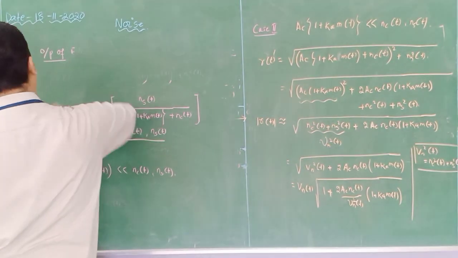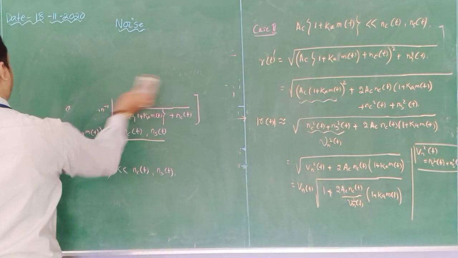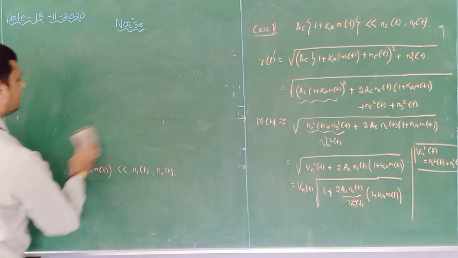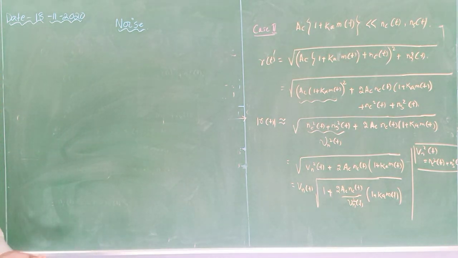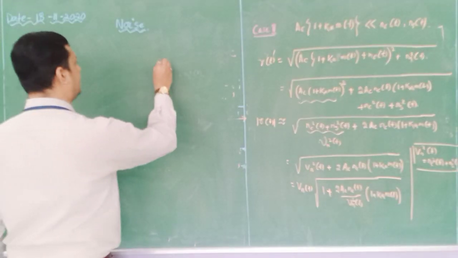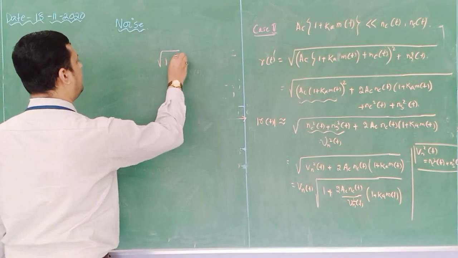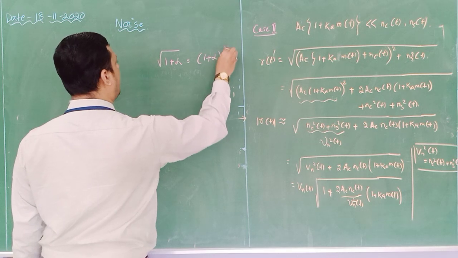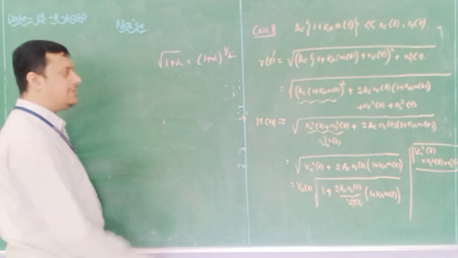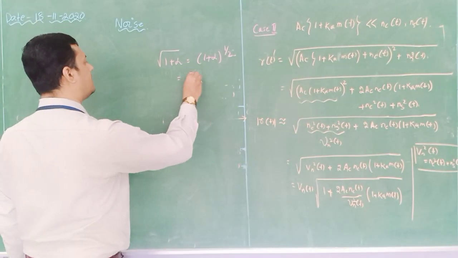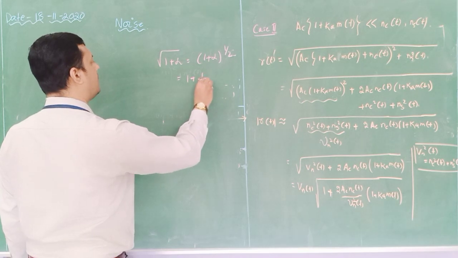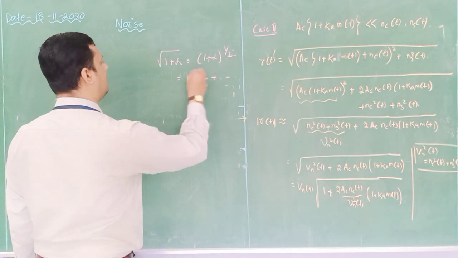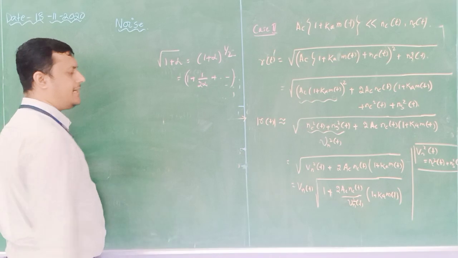Now, with the help of the binomial expansion, we had a relation: suppose (1 plus alpha) to the power half. If you expand this with the help of the binomial function, you will get 1 plus alpha by 2, and higher components are neglected.